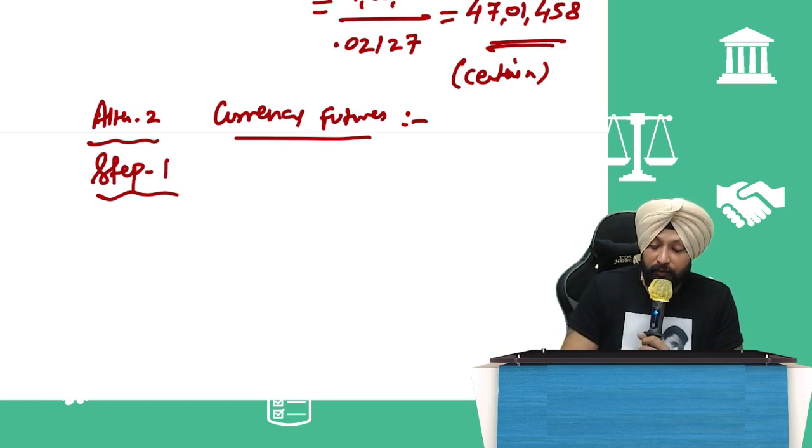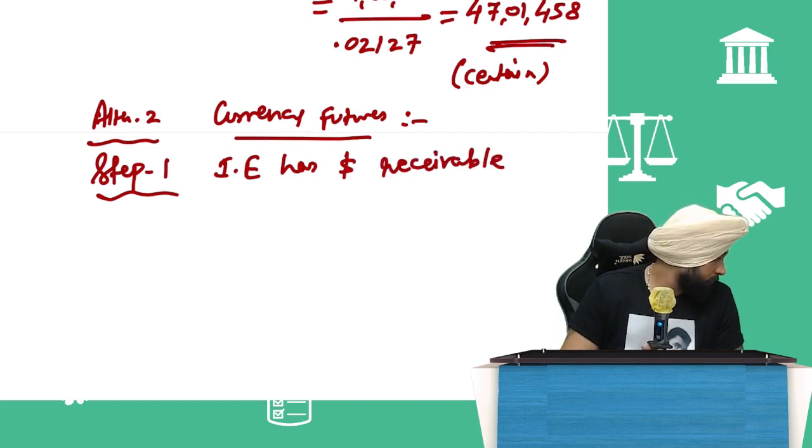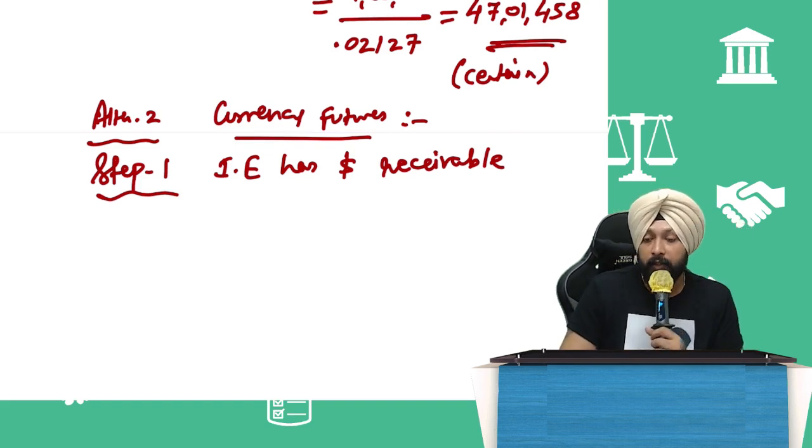So what is the first thing we do? We decide what to do with the futures. Please write. Indian entity has dollar receivable.